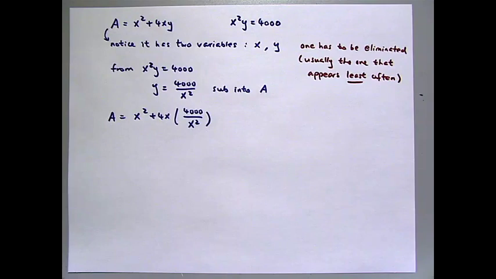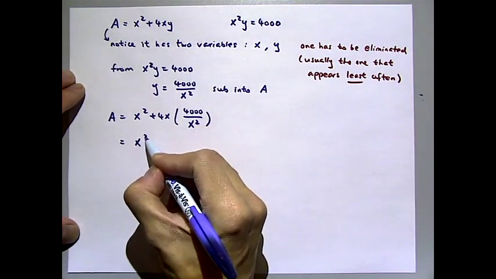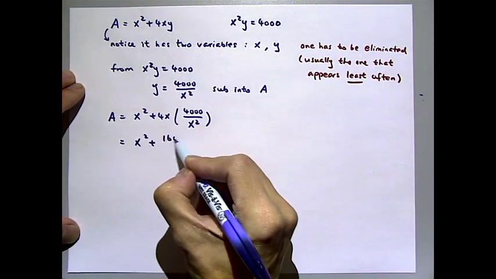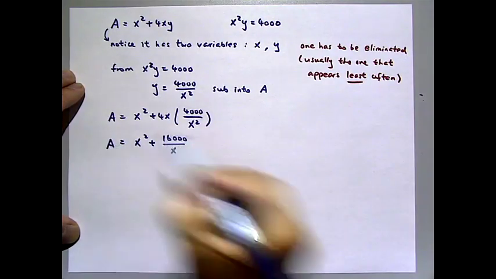Notice y is no longer in the equation here. We've accomplished the goal. We got rid of that y. Everything is now in terms of one variable. Let me rewrite this one. It's equivalent to x squared plus 16,000 over x.